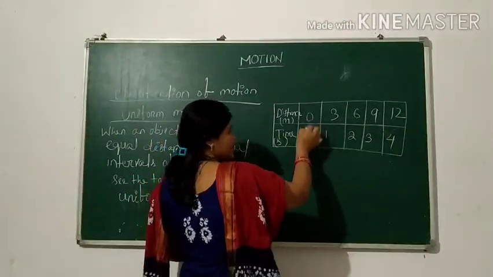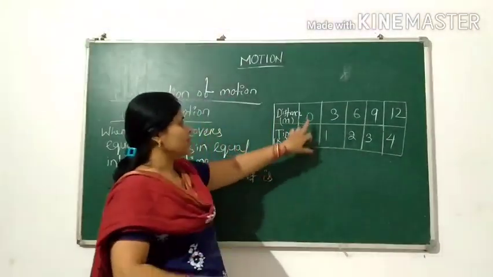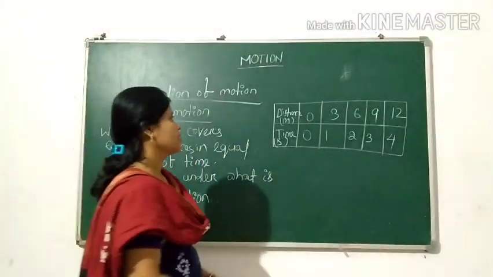So distance traveled at 0 second means what? The body is at rest.